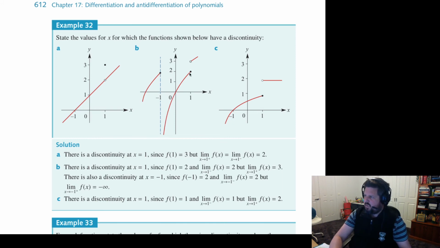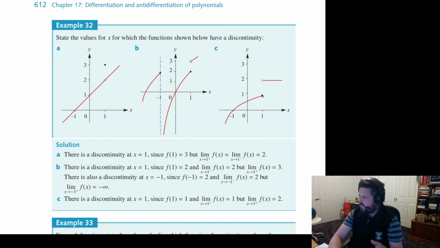Continuing drawing here at 1, I have to take the pen off the page, it's discontinuous there as well. As we go here, drawing, I have to take the pen off the page, it's discontinuous at these points. And also, as we move in from the left-hand side, the left-hand limit is going to be different than the right-hand limit.